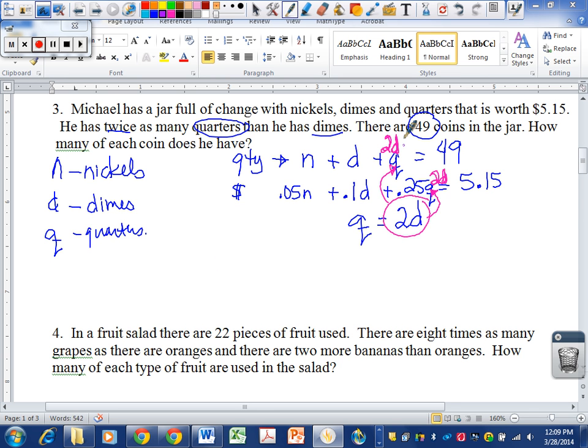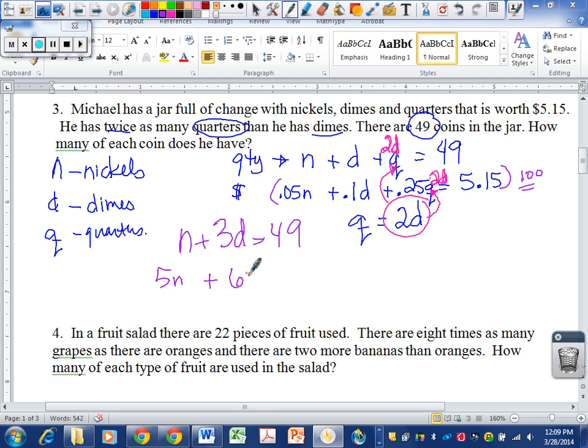N plus how many D's? 3 D's equals 49. And down here on the bottom, I'm just going to multiply all these by 100 real quick, okay? Just get rid of my decimal. So 0.05 becomes 5n, plus this is 10 D's, and how many D's are here? 2D times 25 is 50 D's.